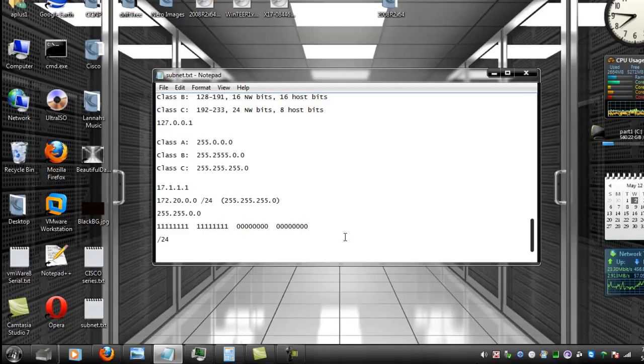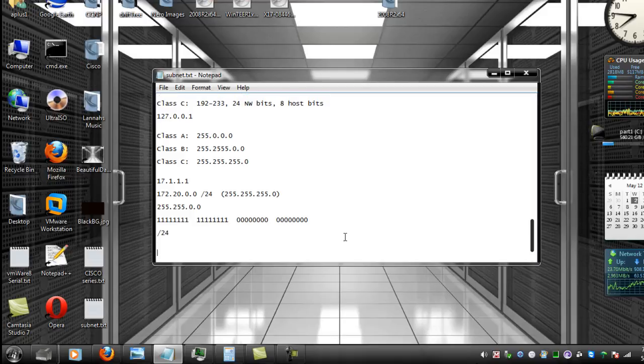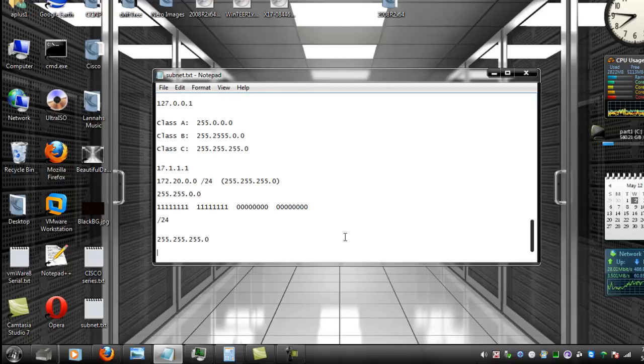But just in case you don't have the question that we're leading up to already answered, let's write out the subnet mask. And the subnet mask is, in this case, 255.255.255.0, and in binary, of course, all those ones.